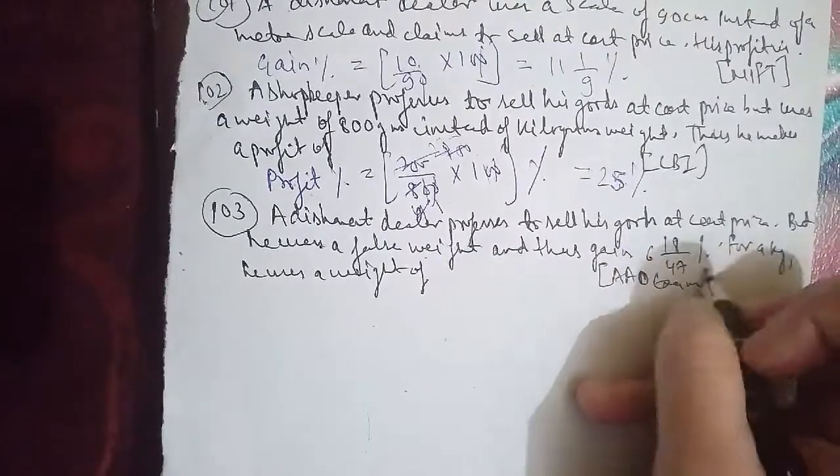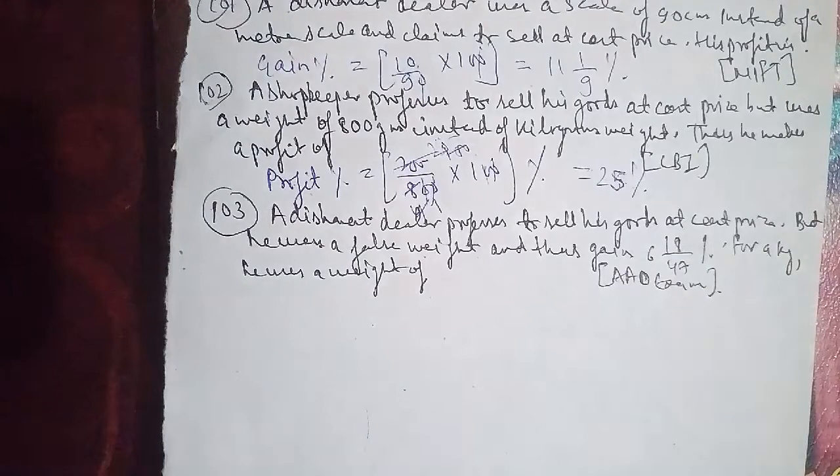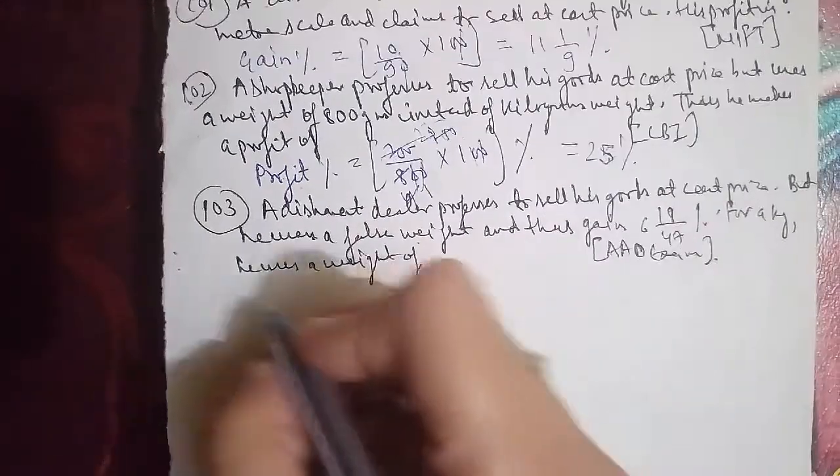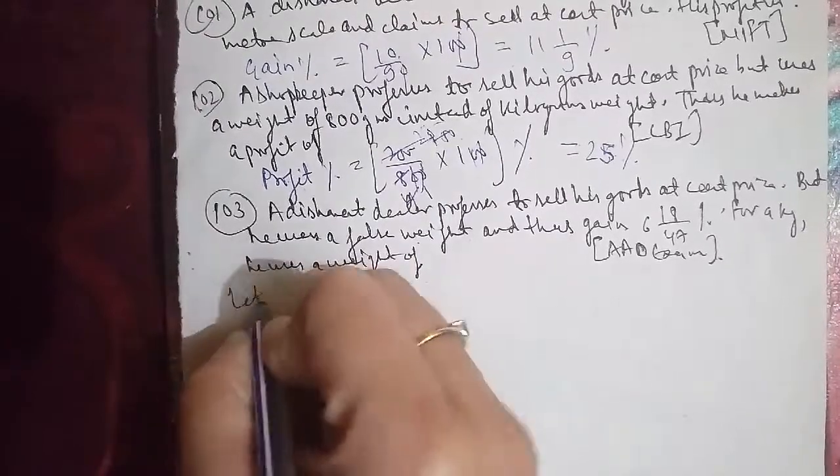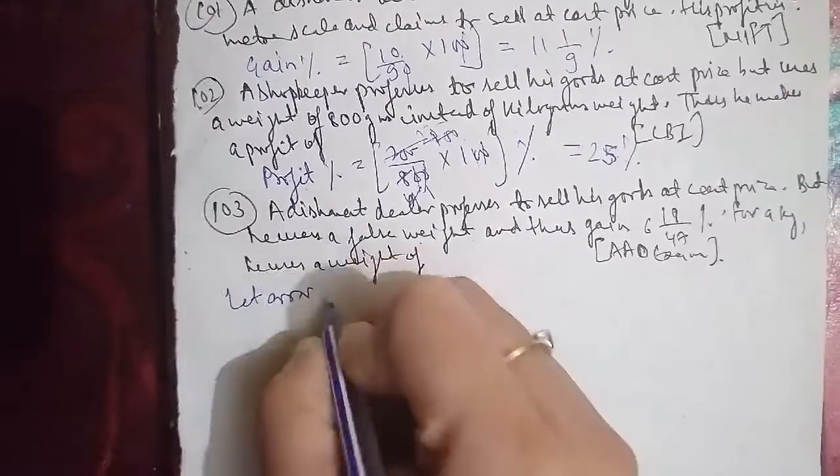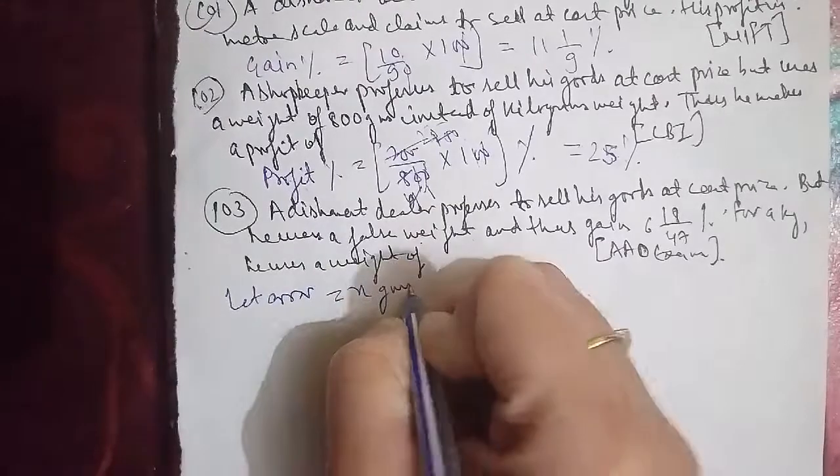So 100x upon (1000 minus x) equals 300 upon 47. 47x equals 3 into (1000 minus x), 50x equals 3000.